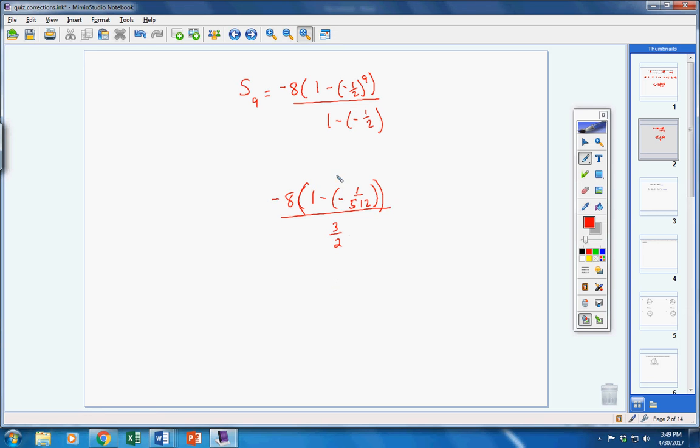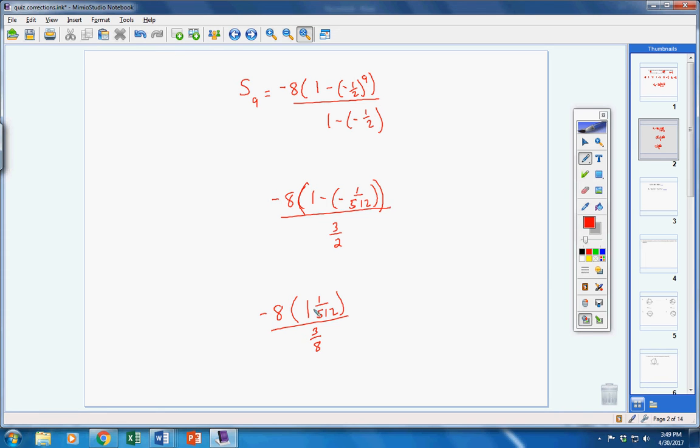Now, 1 minus a minus is a plus, so now I have -8 times 1 and 1/512 all over 3/2. Now your calculator will do all of this for you.